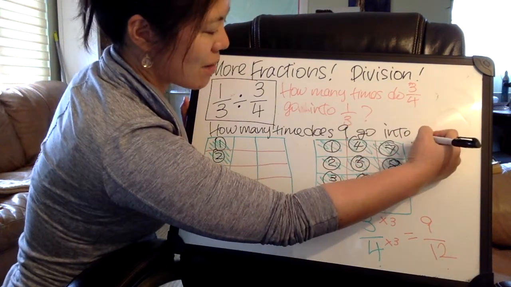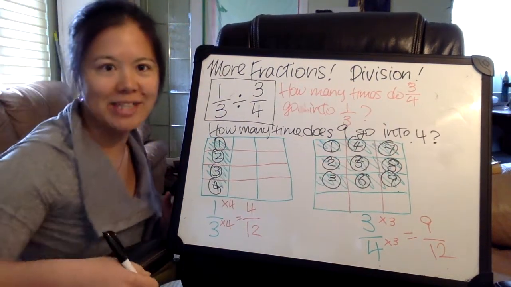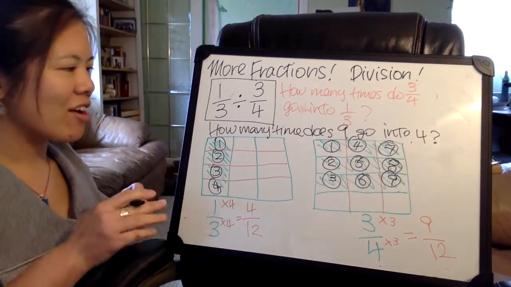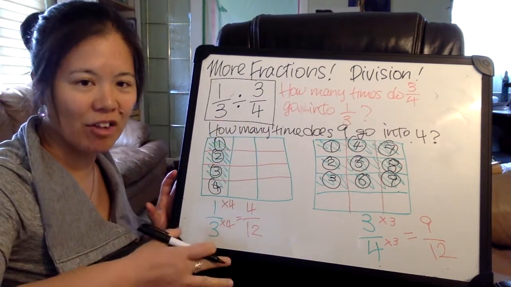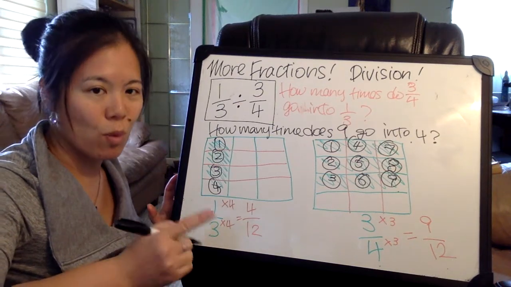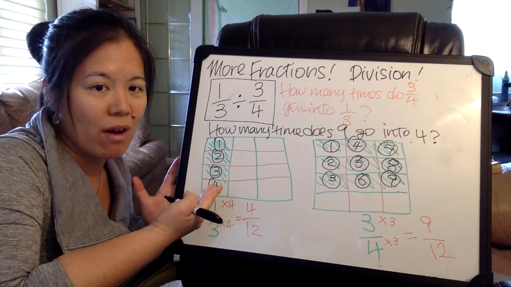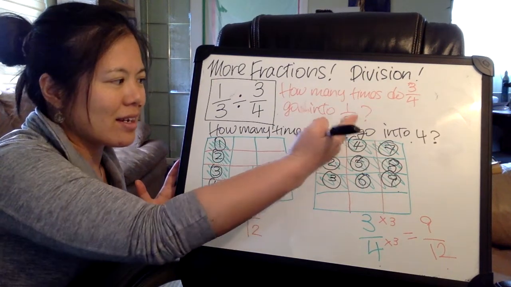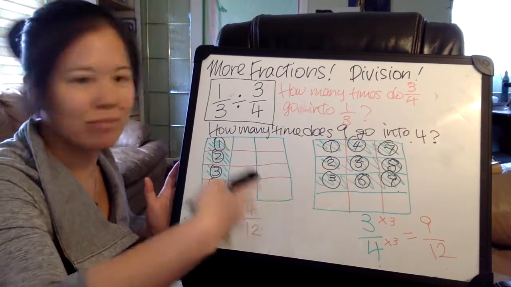So how many times does 9 go into 4? How many times indeed? Okay, so if I have 9 of these pieces colored in, then I can say 9 goes into 9 once. However, I don't even have that. I only have 4. So 9 does not go into 4 even once, right?